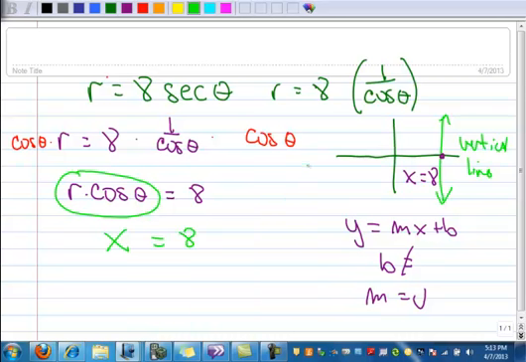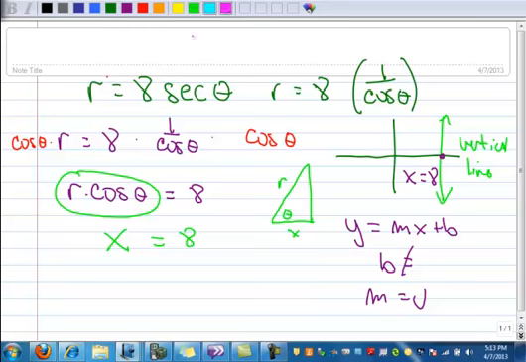Remember from when we did converting, here's your theta, and this was your r, and the cosine of theta is equal to x over r, because that's my adjacent side.